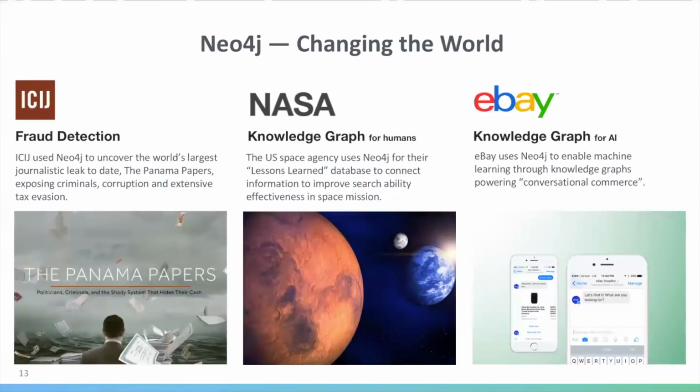NASA also uses Neo4j in a knowledge graph, which helps solve engineering problems, including some engineering problems associated with sending people to Mars. And then there are retail e-commerce use cases like eBay, where a knowledge graph is used to power conversational interfaces to the eBay shop.